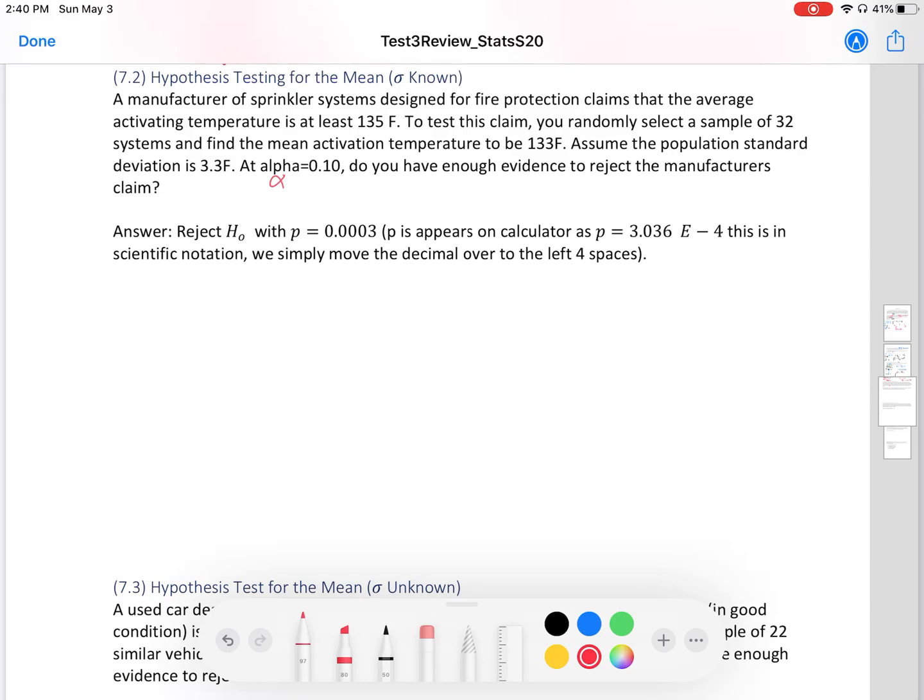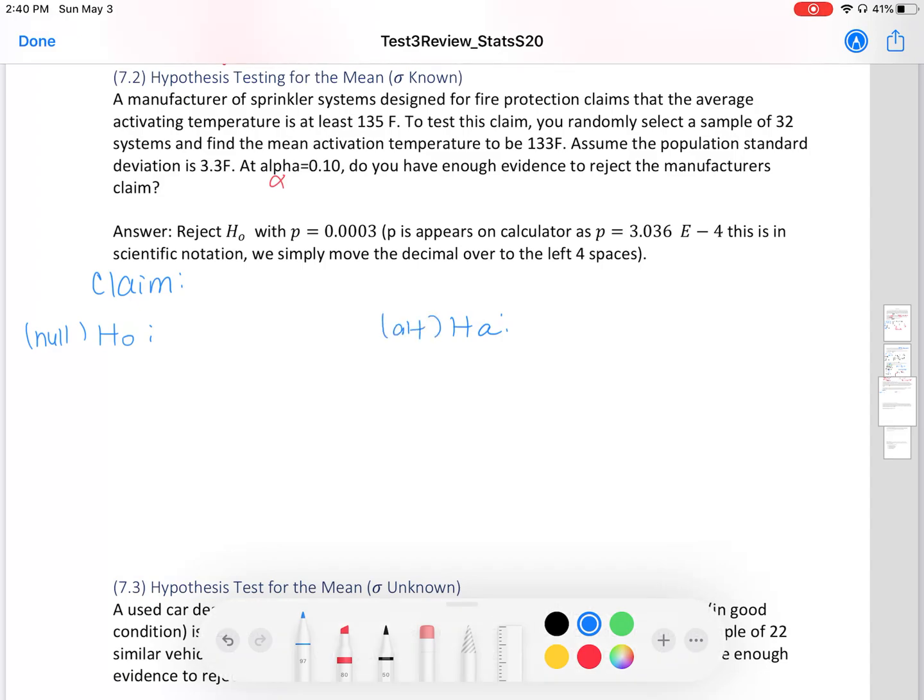All right, for these type of problems, hypothesis tests, you must start off by saying what your claim is. And from your claim, directly from your claim, you're supposed to see what your null and alternative are. So your null is your H0, alternative is your Ha.